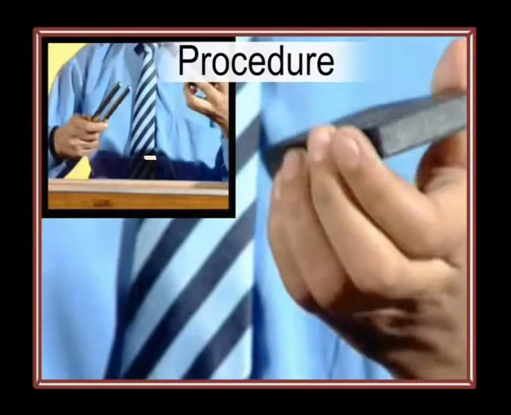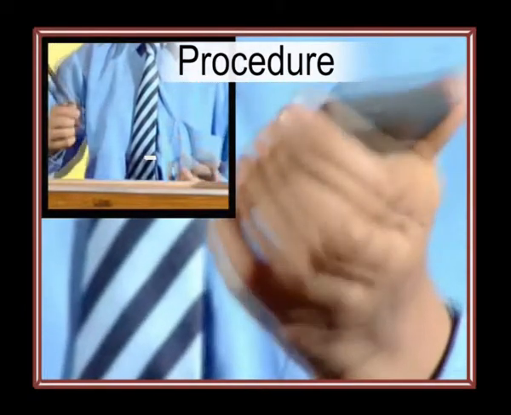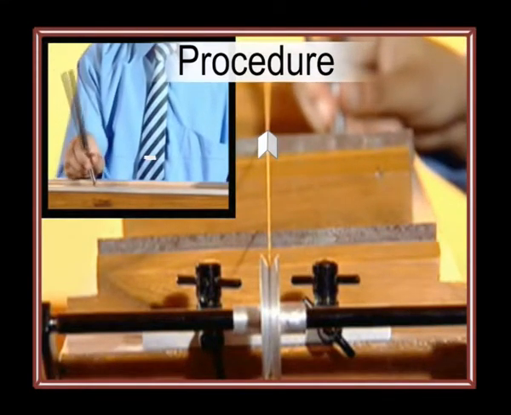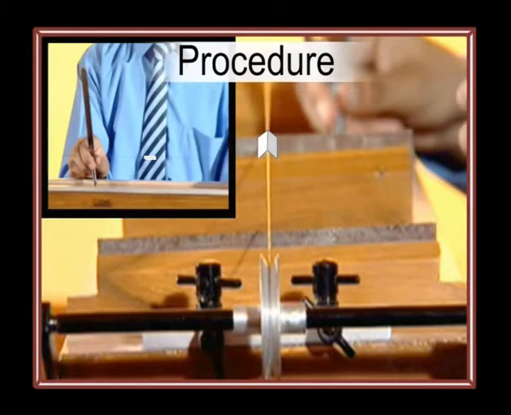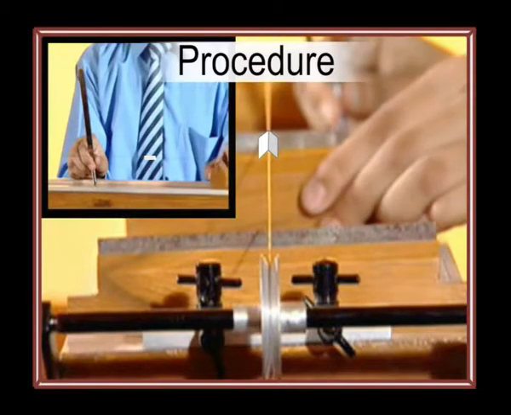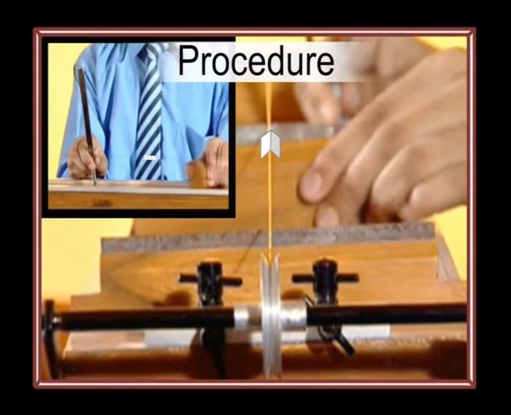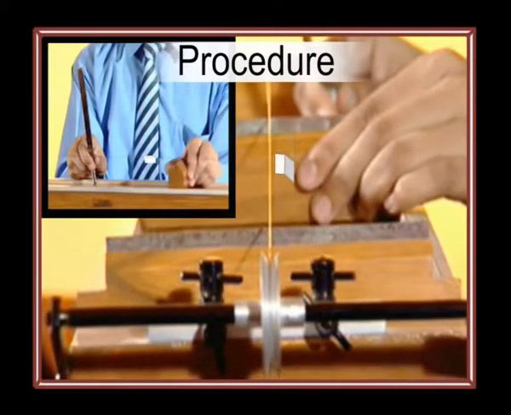Now, strike the tuning fork against the rubber tablet and place its stem on the sonometer board. Adjust the length between the wedges very slowly so that at a particular adjustment you find that the rider flies away from the wire.